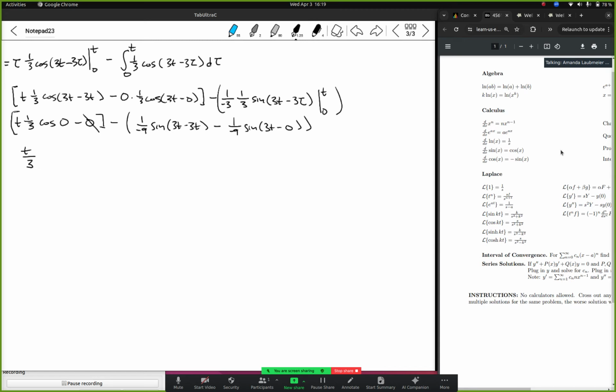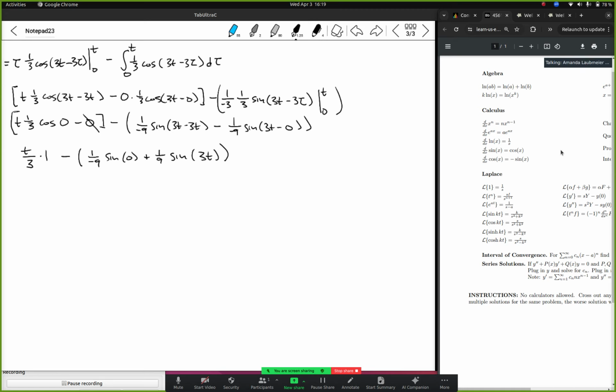I'm pretty sure cosine of 0 is 1. And then simplifying, I've got sine of 0 here, and this minus minus turns into plus 1 over 9 sine of 3t.